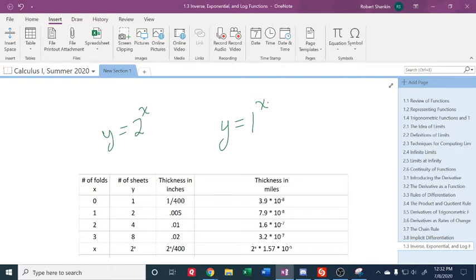But if each person tends to give it to only one other person before the virus is done with them, then the number of people who have the virus will stay constant. So y equals 1 to the x would be if everybody who had it always gave it to one other person, we would keep staying with the same number of people having the virus. It wouldn't have exponential growth in the number of cases.